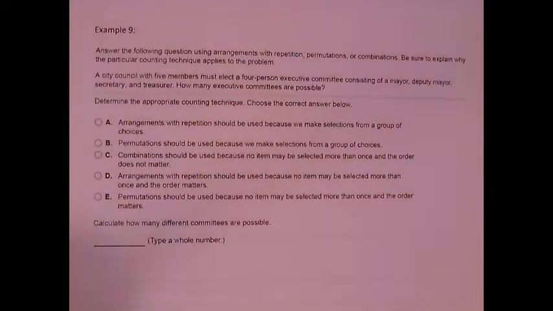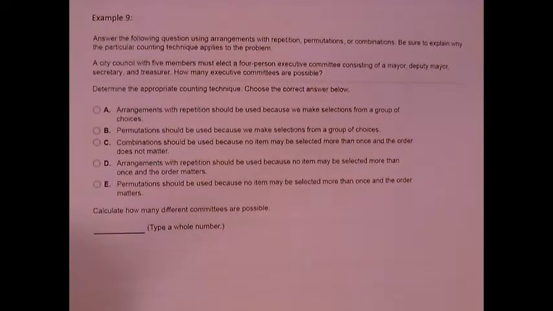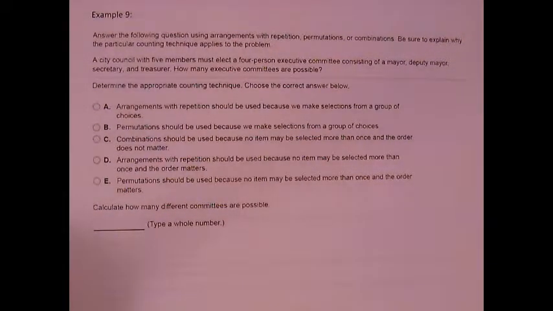Okay, let's look at example 9, where we can use that permutations formula. Here we're going to answer the following question using arrangements with repetition, permutations, or combinations. Be sure to explain why the particular counting technique applies to the problem.